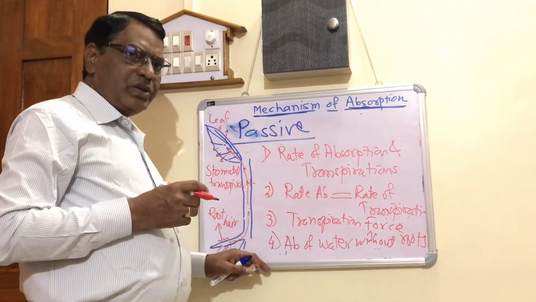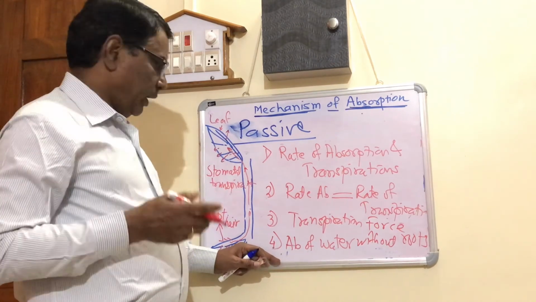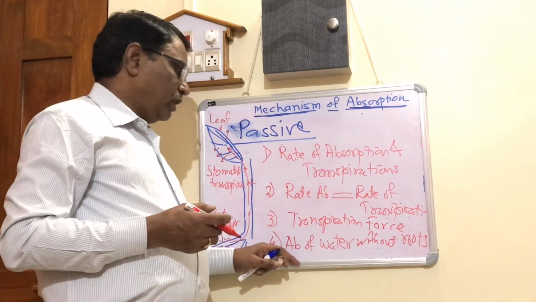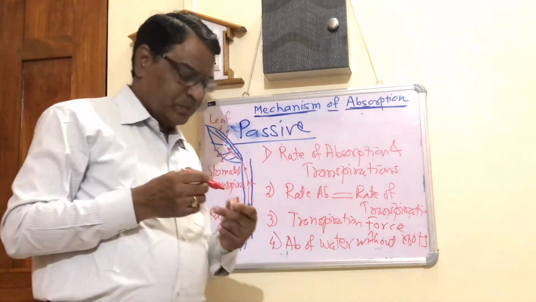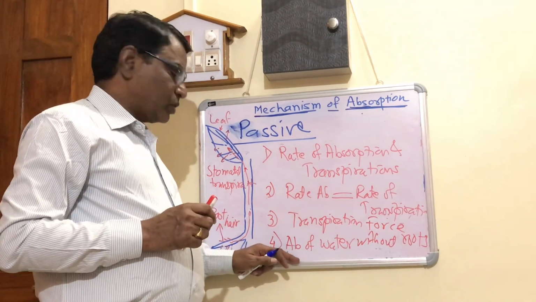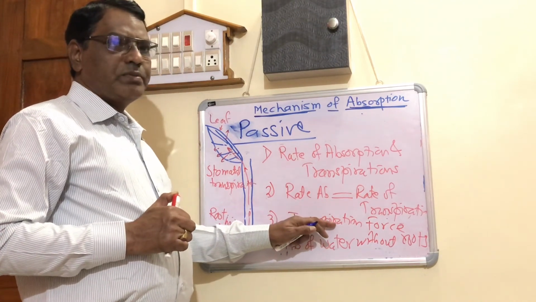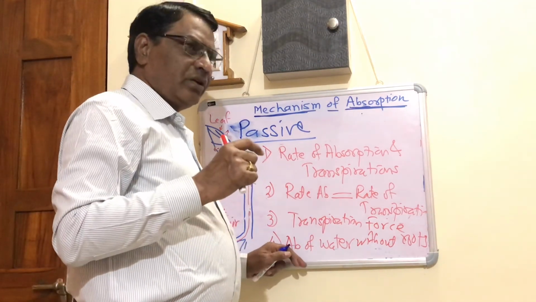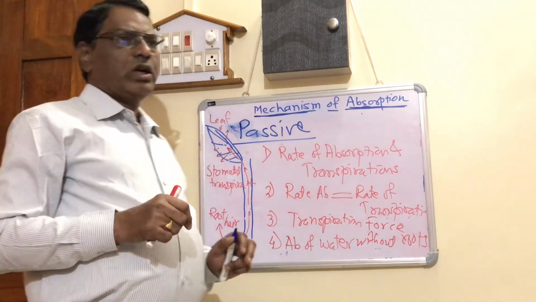But in absence of root, if you take a cut twig without roots and keep it in a container of water, that twig has the capacity to absorb an enormous amount of water, and in the absence of roots, the absorption of water takes place only due to the transpiration pull that is developed in the leaves of that twig, which is kept in a water container.